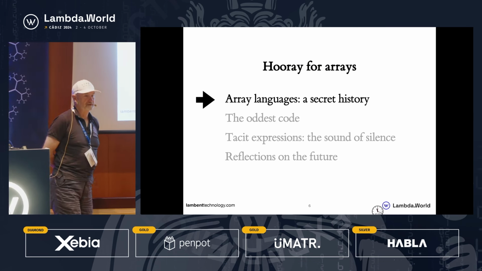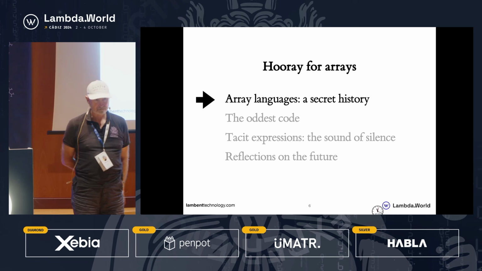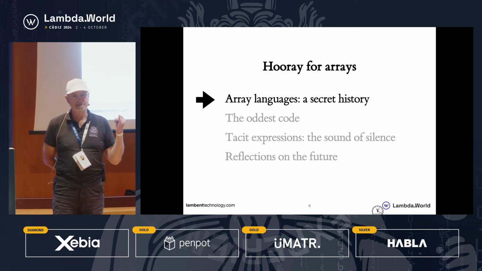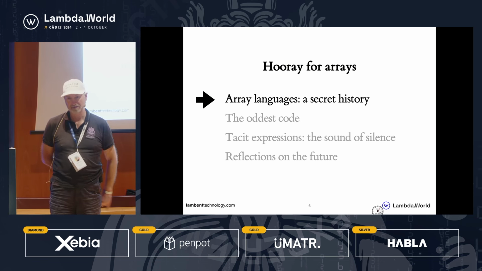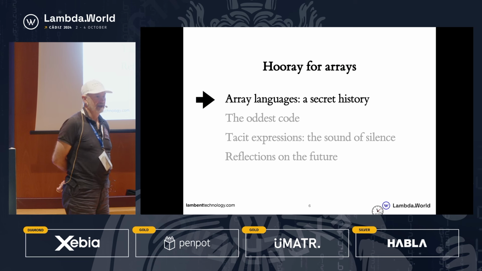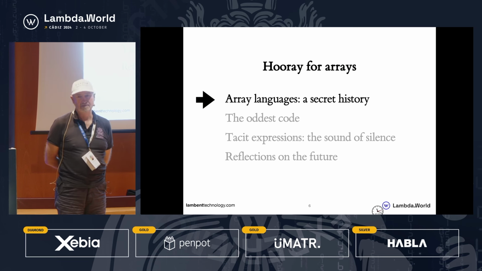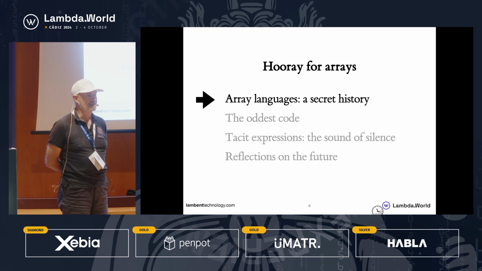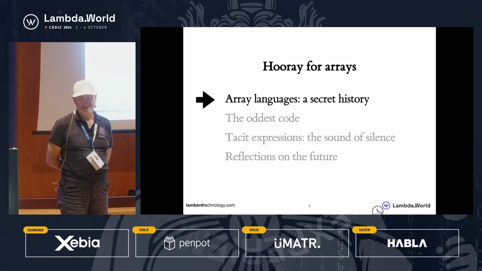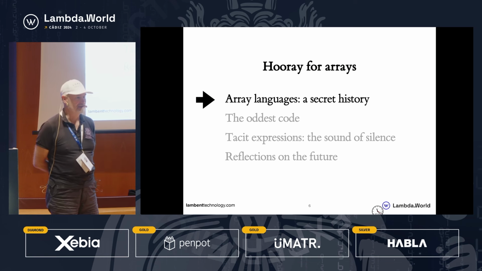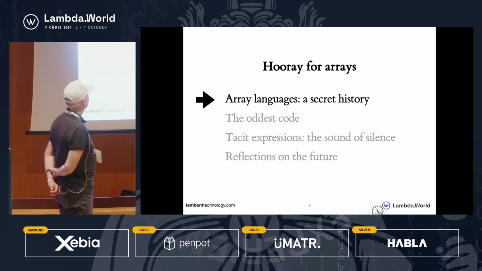So this is what I'm going to cover today. First, the secret history of the array languages. APL is older than COBOL. And these days, it kind of survives as almost an esoteric tradition, like Kabbalah or something, a secret society within the computer science community.